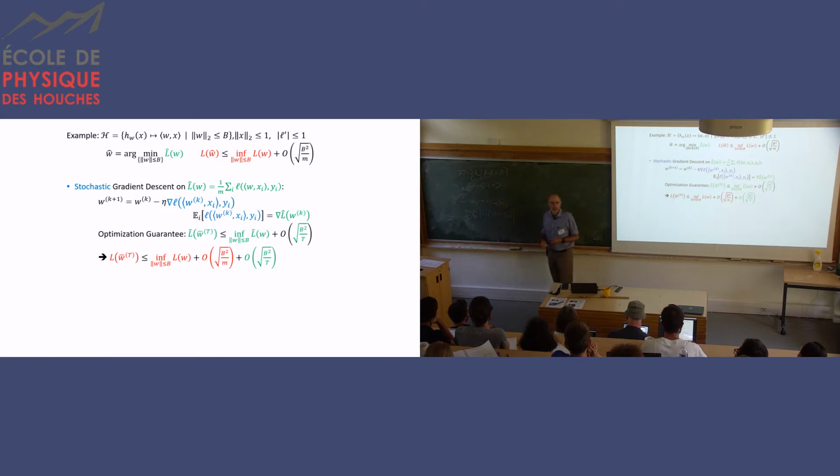If I can bound this by epsilon, then I can say that the population error of W hat is at most its empirical error plus epsilon, based on the fact that all the population and empirical errors are close to each other. And in turn, the empirical error of W hat is definitely better than the empirical error of the best, or of any predictor in the class, in particular W star, which is a population minimizer, because I chose W hat to minimize the empirical error.